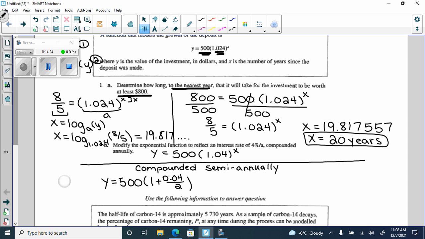Where else does the 2 go? By the x. It's going to be multiplied to it, correct? So you would get y equals 500, bracket 1.02 to the 2x.